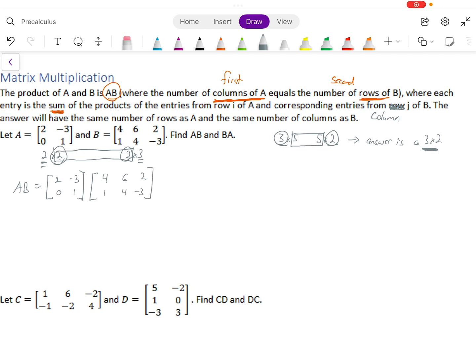Now in all that writing, it says where each entry is the sum of the products. So you're going to be adding products of the entries from row I of the first one multiplied by column J of the second one. So here's what that looks like.